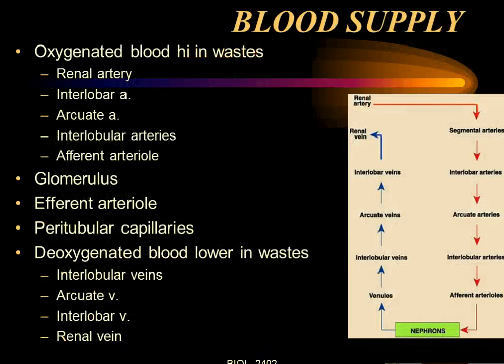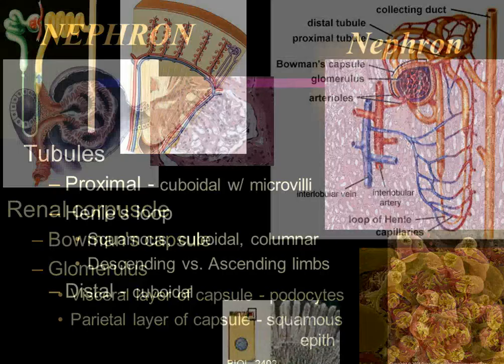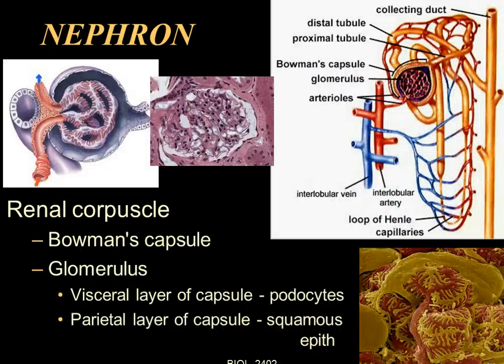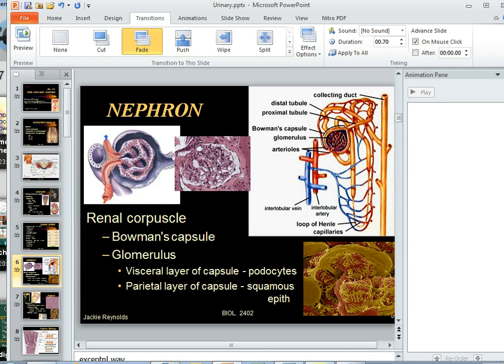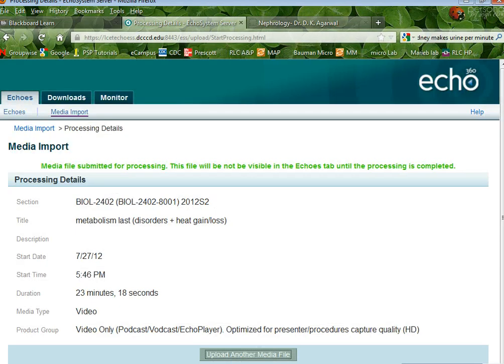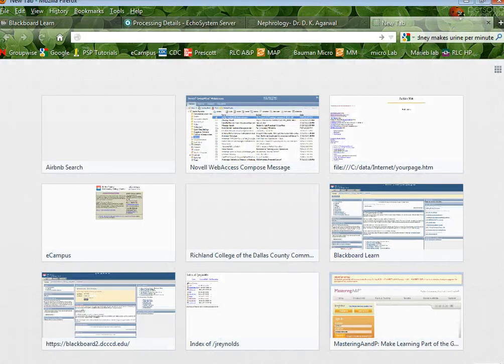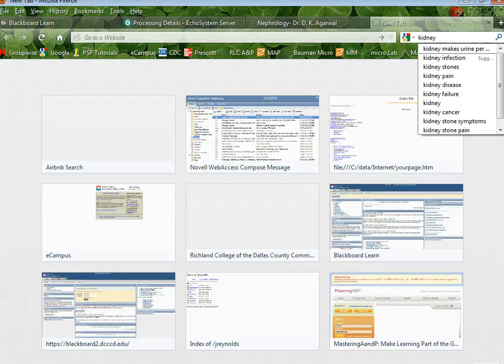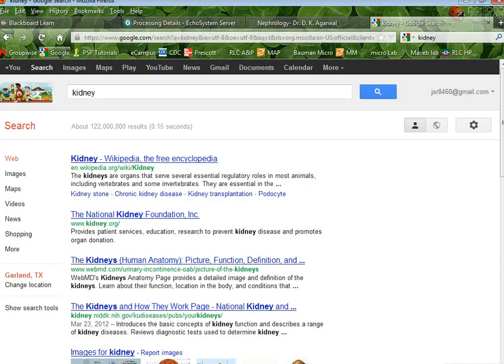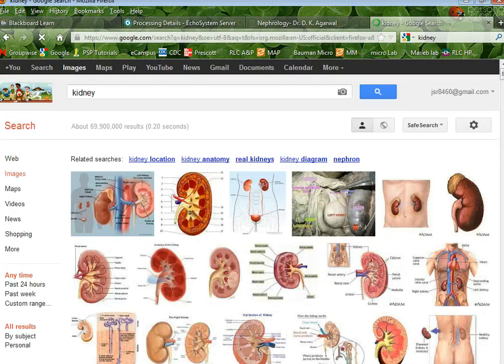Okay, blood supply. I need to pull up a picture. Let me go get one on the internet, maybe. It would be handier to have one image.